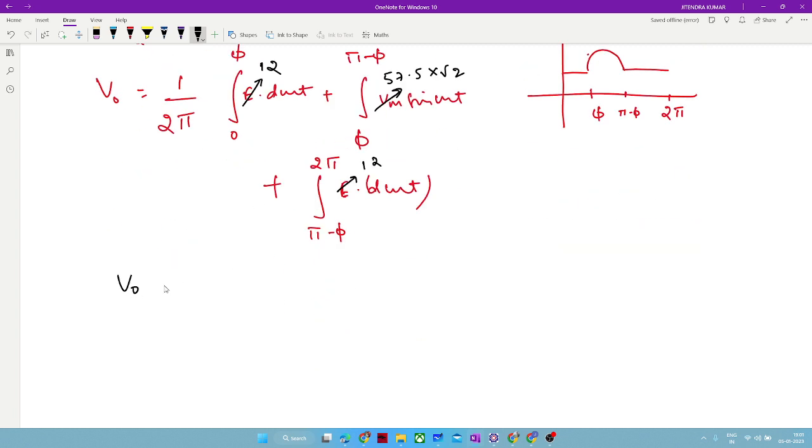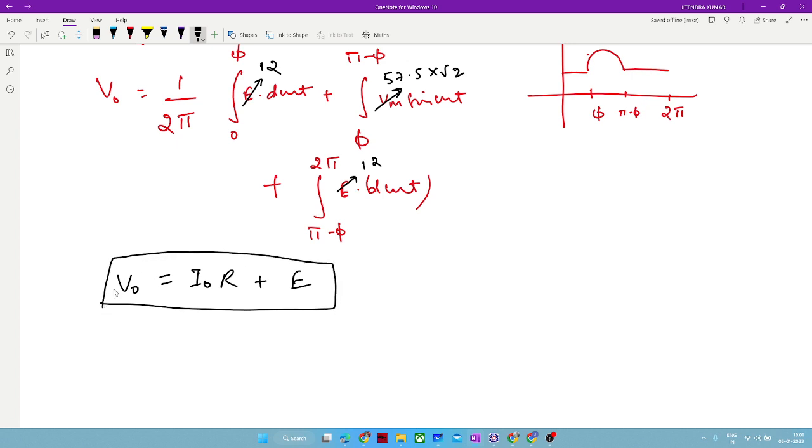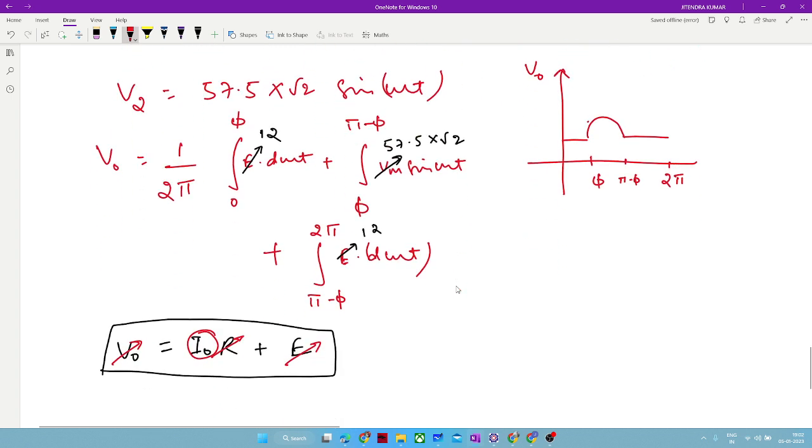And after V naught, you just need to compute I naught, which will be computed from this KVL equation: V naught is equal to I naught R plus E. You now know V naught, you know E, and you have R, that is the current limiting resistor. So all you need to find out is the remaining I naught, and that you can easily compute. I think you will be able to compute this, right? Otherwise, I will complete it in the next session since time is up.